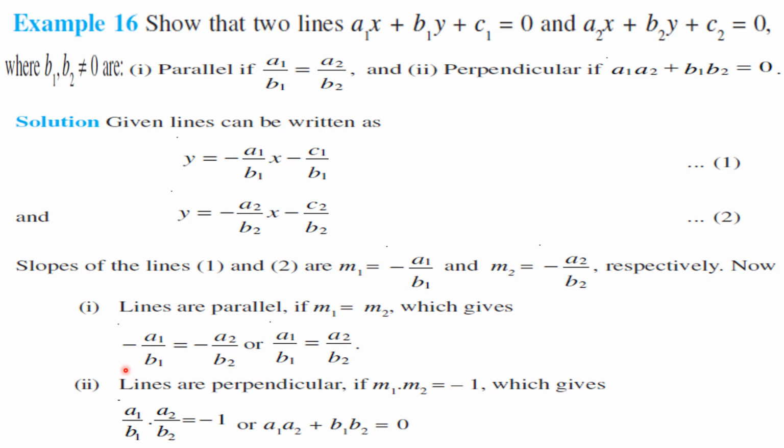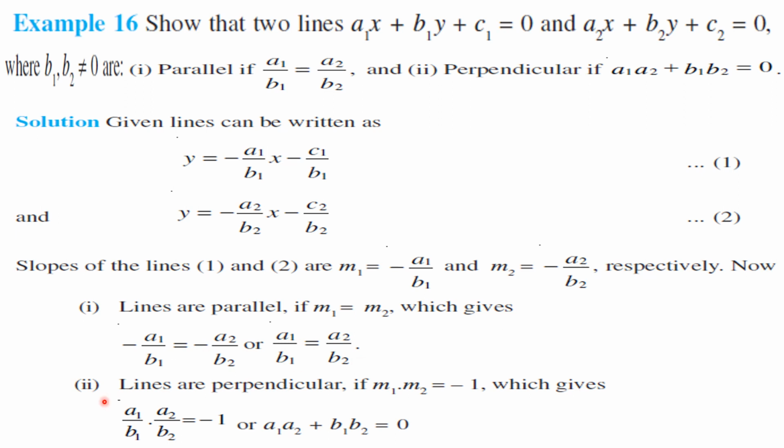Minus a1 by b1 is equal to, what is m2 here? Minus a2 by b2. Understood this step, my children? Right. By simplifying this, here minus minus gets cancelled. Then what will you get? a1 by b1 is equal to a2 by b2. Understood this step, my children? So the first part of the question is proved.